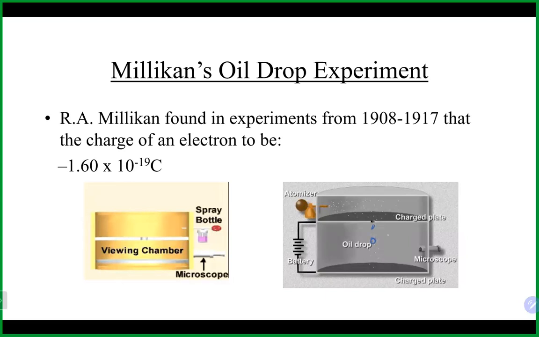He used the electrical field within the chamber and adjusted it in such a way that the drop just hung there, because as it was coming through the chamber and dropping, it would gain a charge as it's moving. He was able to adjust the electric field so that the oil droplet just remained there.